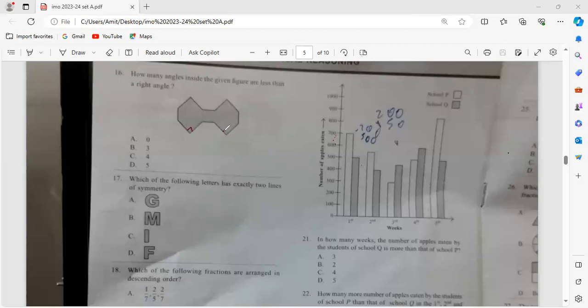This is a right angle, this is a right angle. This is an acute angle, acute angle, acute angle, acute angle. So it will be option C.